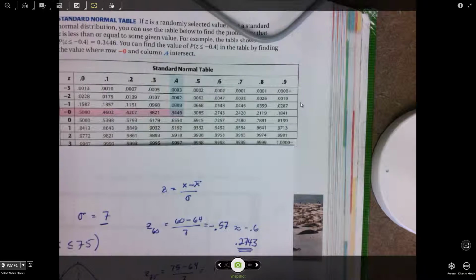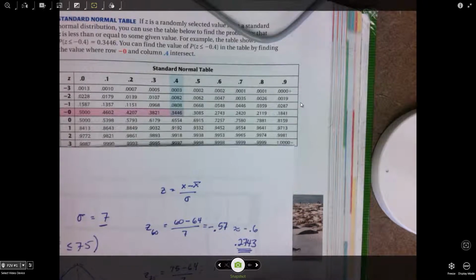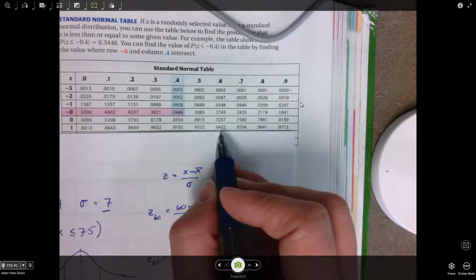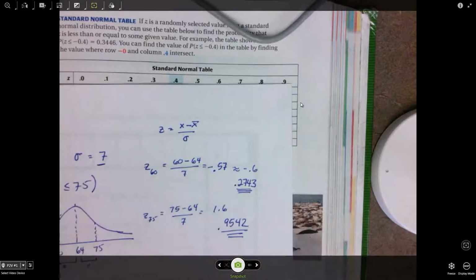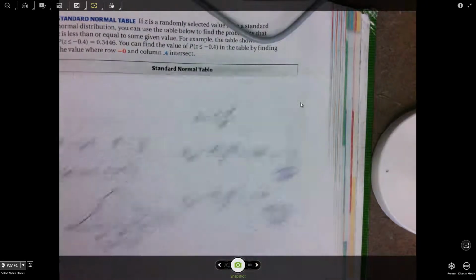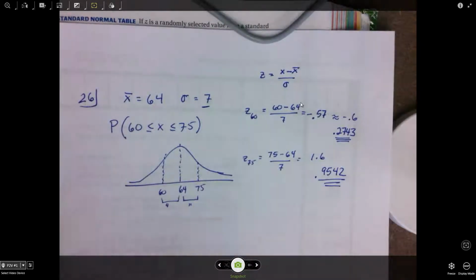And then if I do the same thing with the 1.6, I'll slide right up there. 1.6 is right here, 0.9452. Actually, 0.9542. Now we have to understand what these mean. These percentages from the standard normal table tell me what percent of people fall to the left of that number, or the left of that line.